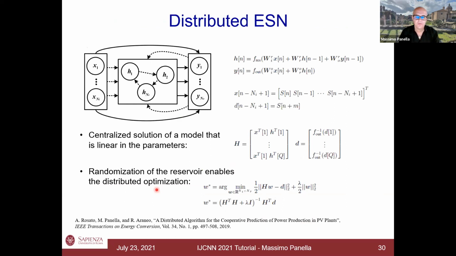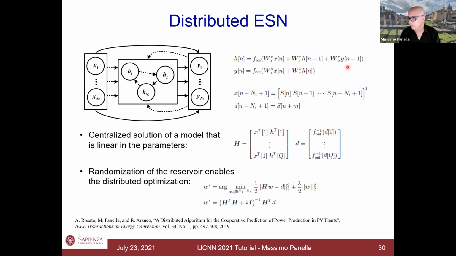Okay, so we developed the model for echo state networks, and randomization is very important because by using randomization the model is essentially not trained locally: the reservoir part is left locally and randomized, so we don't have training.